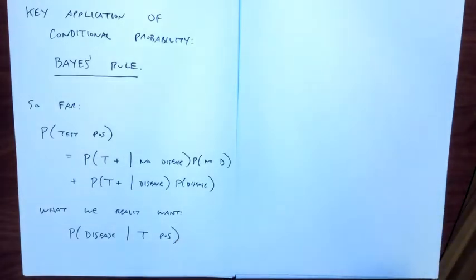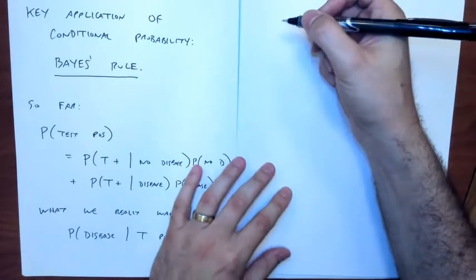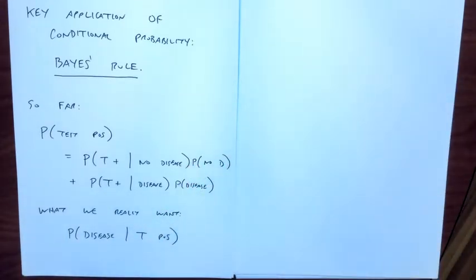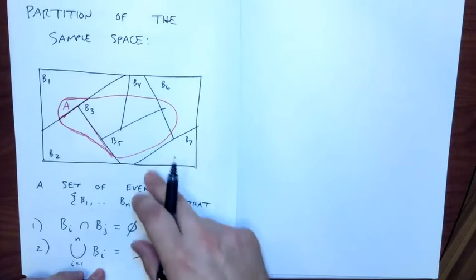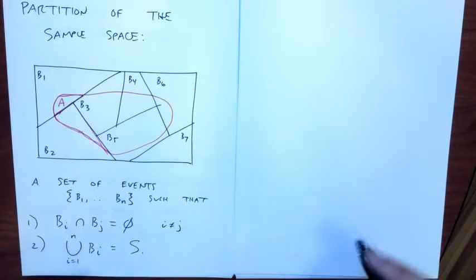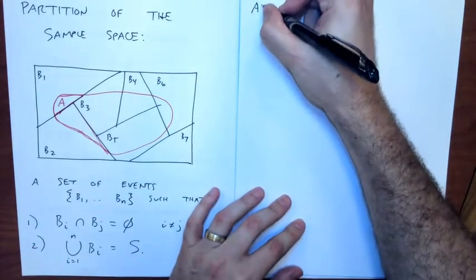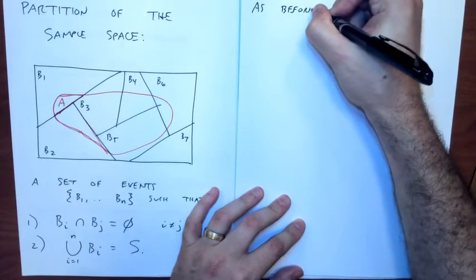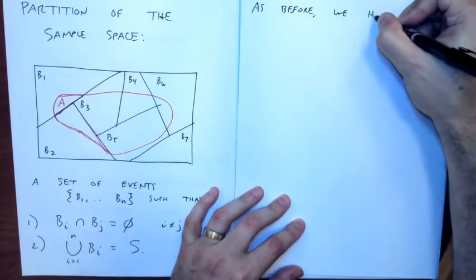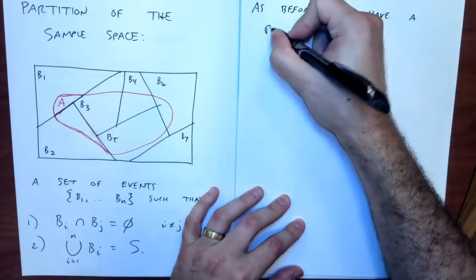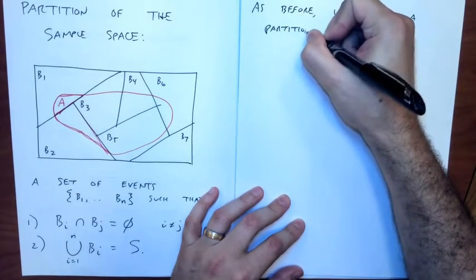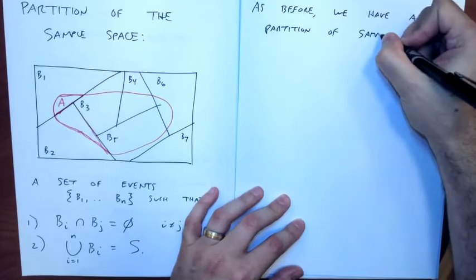Let me set it up again. Let's suppose we're still in this world where I've got a partition of the sample space, so I'm splitting the world up into these possible events. As before, we have a partition of the sample space.